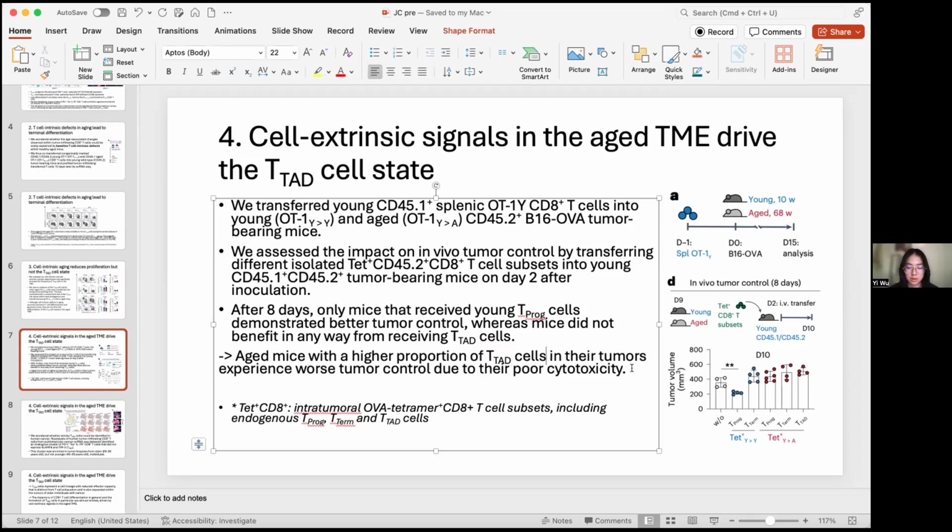Yes, T cells are supposed to have a cytotoxic role, because they kill the bad cells. But this T-TAT cell is a new cell population found in aged mice, so the researchers found that they do not have normal cytotoxicity, which means they cannot play their role and do their job of killing the correct tumor cells. Okay, thank you.